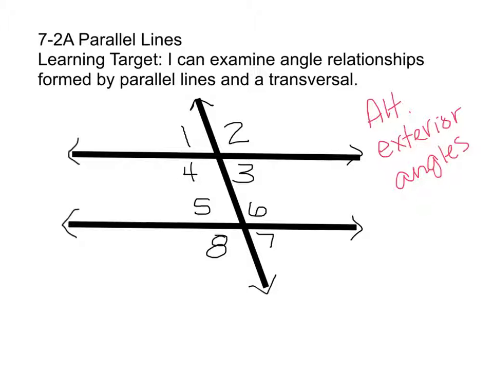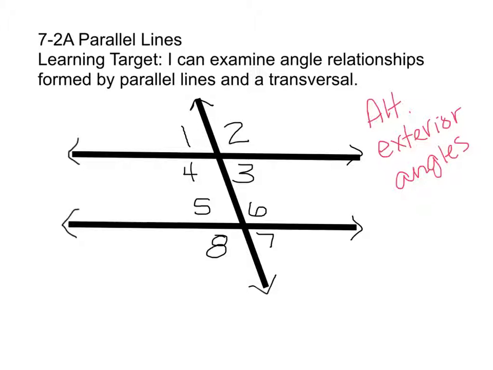Think about the definition that I just had you find for alternate exterior angles: angles that lie on opposite sides of the transversal. So what exterior angle lies on the opposite side from angle 1?